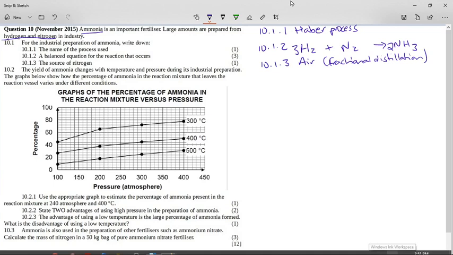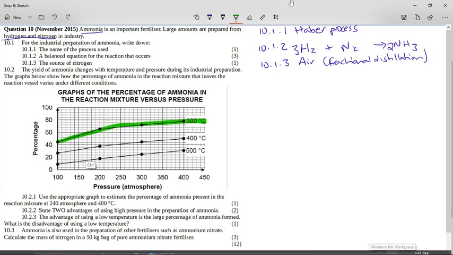It says the yield of ammonia changes with temperature and pressure during its industrial preparation. The graphs below show how the percentage of ammonia in the reaction mixture that leaves the reaction vessel varies under different conditions. At 300 degrees, my yield is close to 80% at 400 atmospheres, because here's the pressure in atmospheres. At 100 atmospheres, I've already got 40% yield.